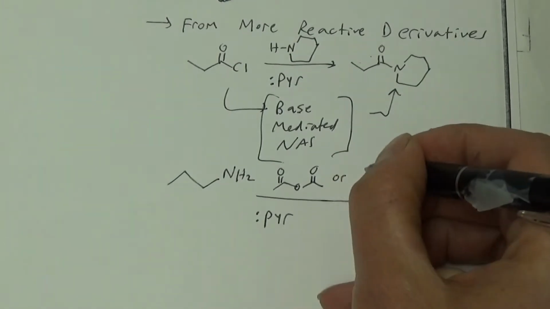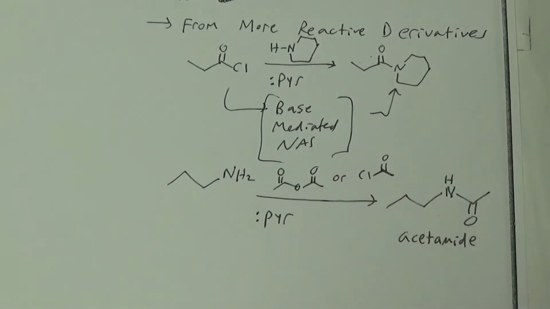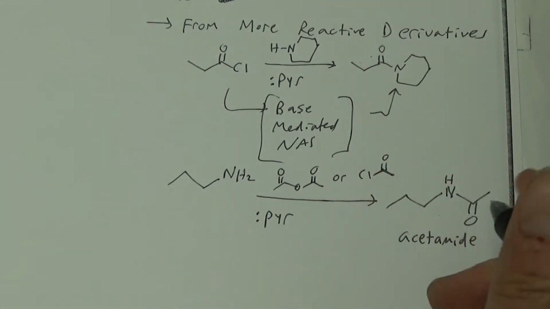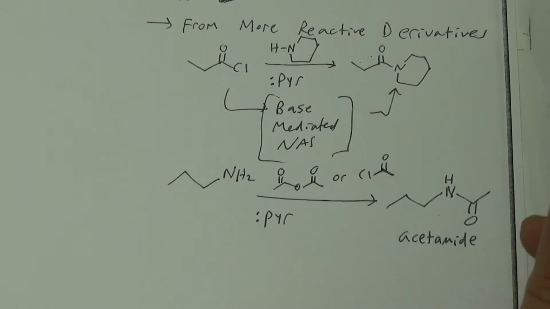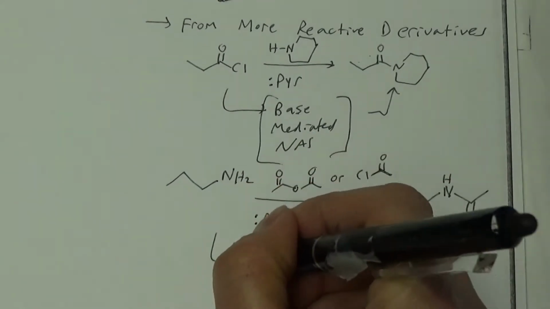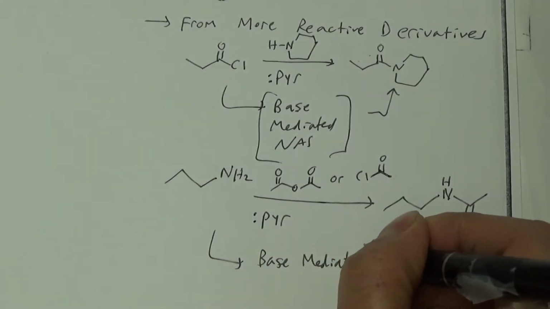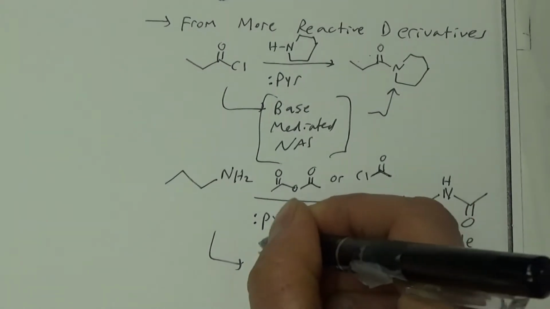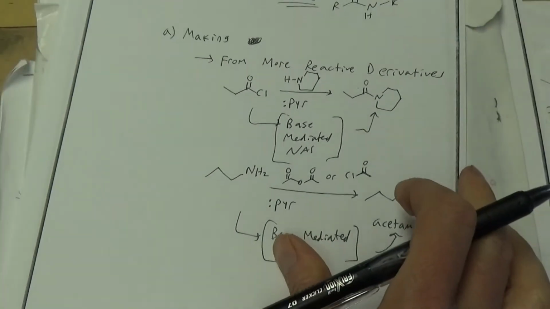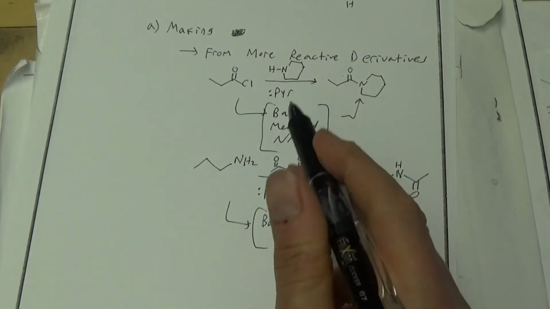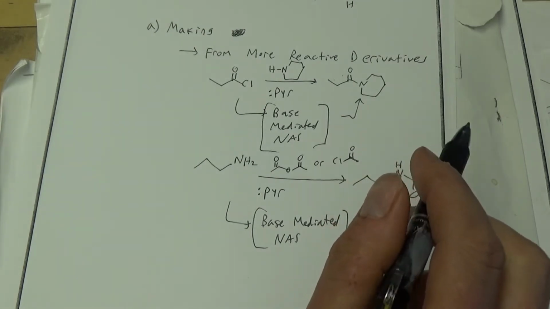We could also use acetyl chloride. Yeah, those are pretty nice ways to make an amide like that, an acetamide. It's also base mediated NAS. Sweet. Okay, so that's an introduction on how to make amides, and you know all this stuff. You've seen it 1,000 times by now. Okay, so now we know how to make them.